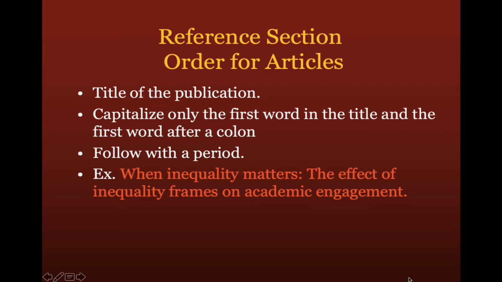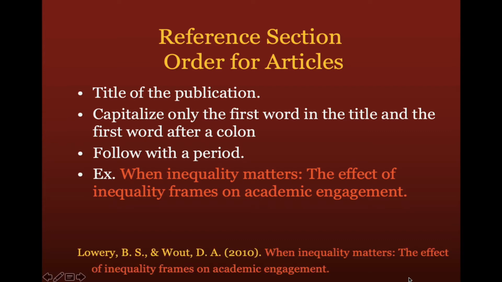The important thing to remember is that only the first letter of the first word is capitalized, and then the first letter of any word after a colon or semicolon gets capitalized. Everything else is lowercase. And then you follow that title with a period. So for our running example here, we now have included the title followed by a period.